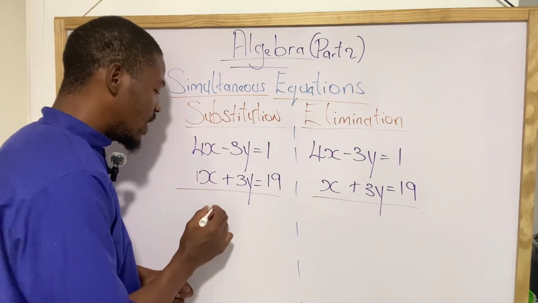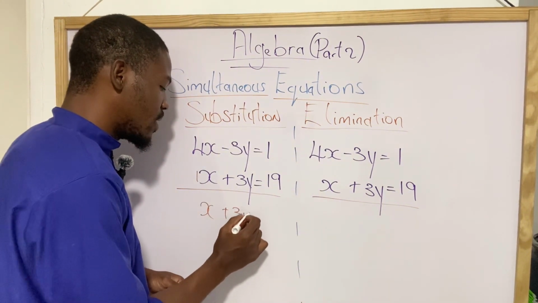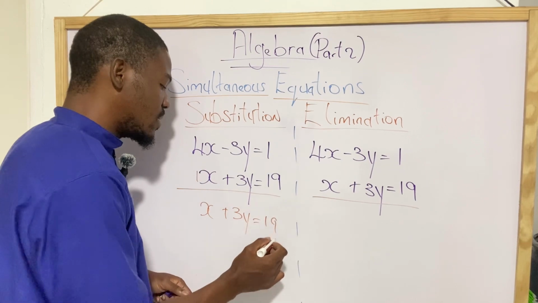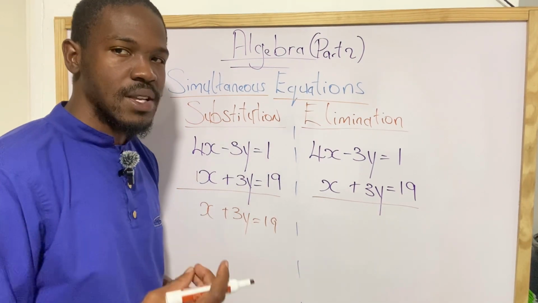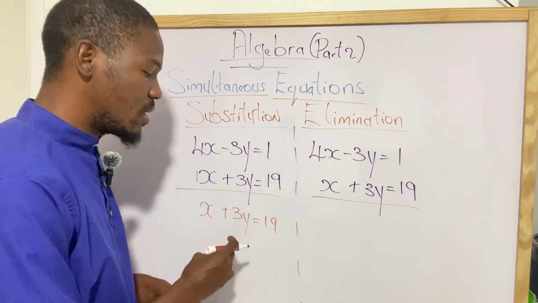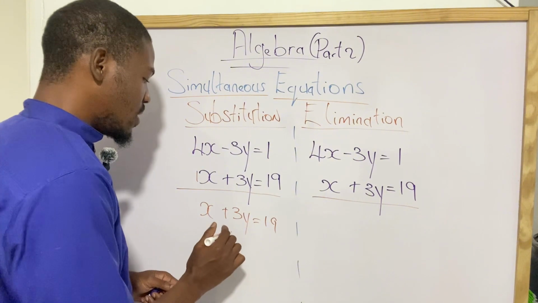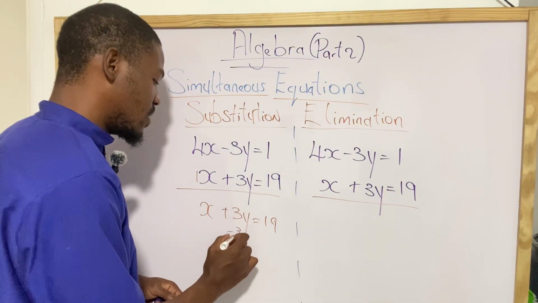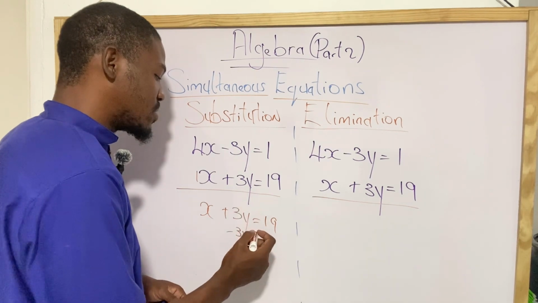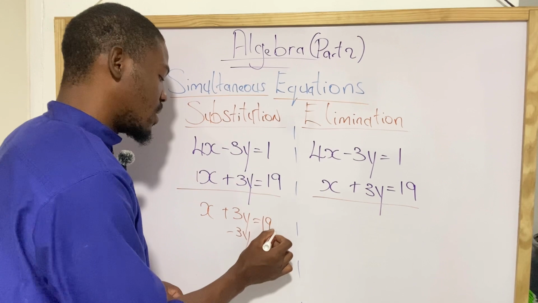What I like to do as well is that where we have x plus 3y equals 19, this is a positive 3y, and we want to get rid of it because we need an equation that solves for x. In doing that, if this is a positive 3y, we can subtract the 3y to remove it. And if we subtract it there, we also have to subtract it here.